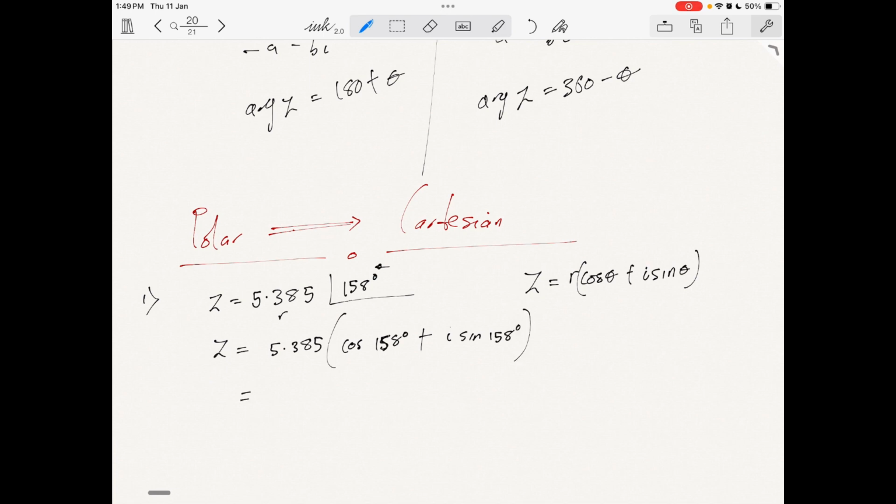So when we open the brackets, we have 5.385 into cos 158 degrees, which is minus 0.9272, plus i into sin 158, which is 0.3746.